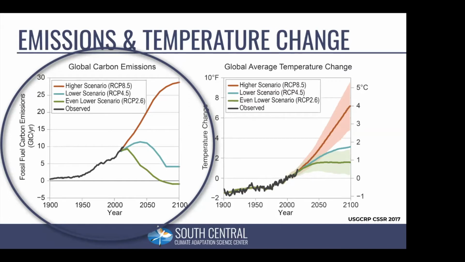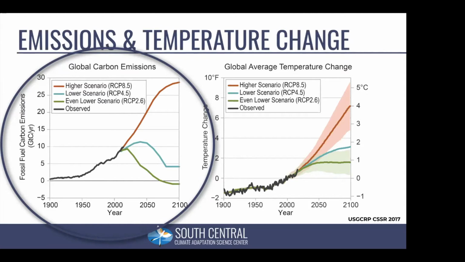RCP 8.5 represents an increase in greenhouse gas emissions until the end of the century, where it adds 8.5 watts per meter square of energy across every square meter on Earth's surface. It's typically called the business as usual scenario, and it's the direction we are currently headed.